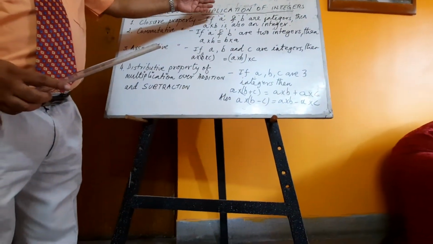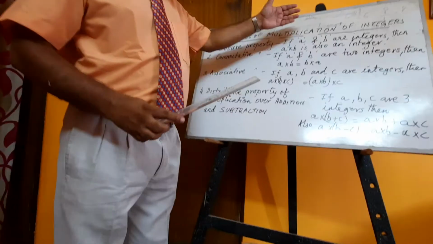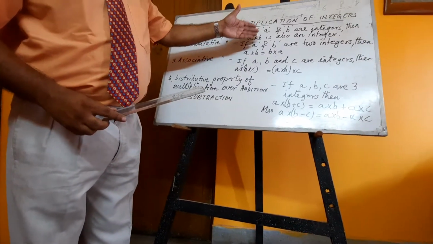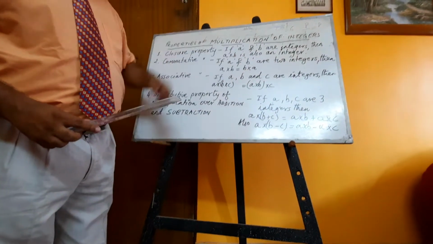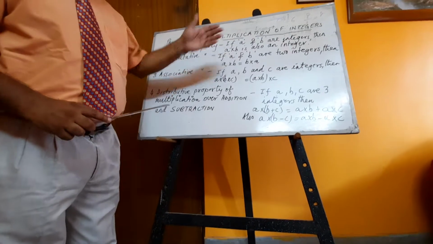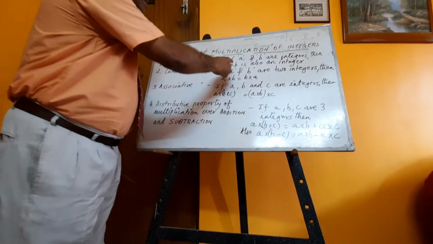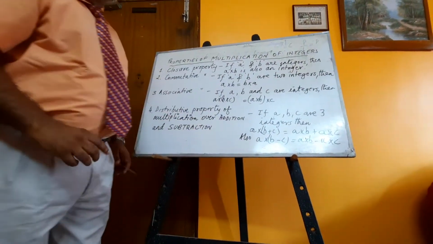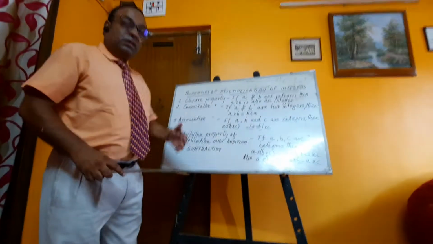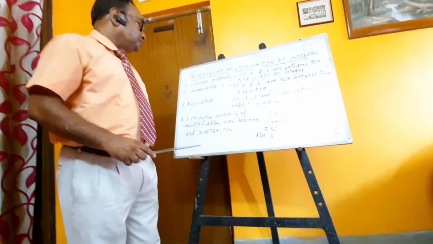Take, for example, 3 and 7, or 3 and minus 7. 3 multiplied by minus 7 will give you minus 21, because 3 sevens are 21 and minus into plus gives you minus, according to the sign convention rule.